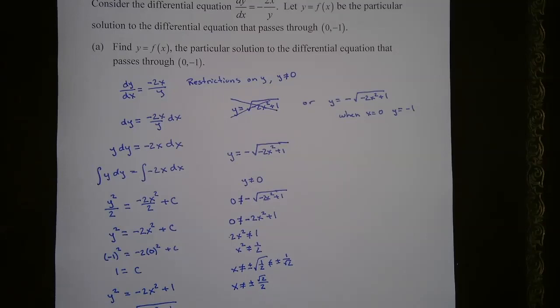All right, so x can't be these, okay? So that means it could be negative infinity to negative square root of 2 over 2, negative square root of 2 over 2 to positive square root of 2 over 2. This is what we have right now.